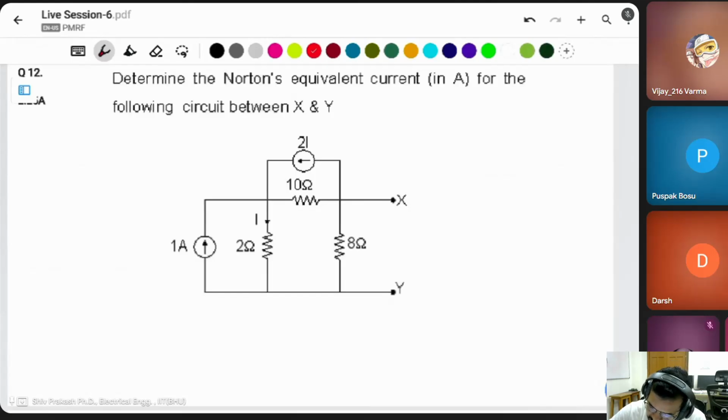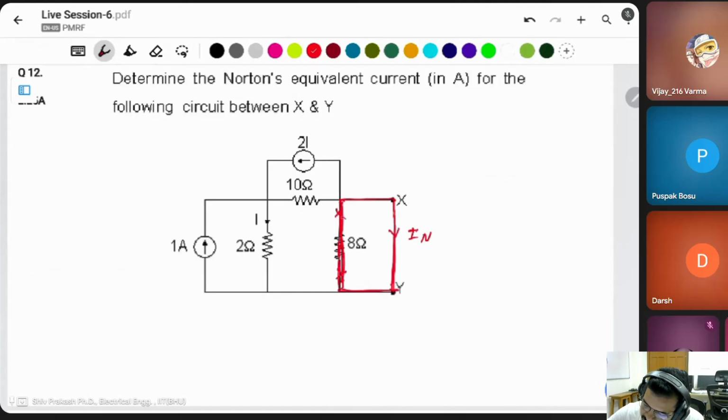Starting from here, minus of 12 plus this is 2 ohm resistor, I plus 4. Then here minus of 6, because this is negative first, minus of 6 plus 1 ohm resistor, current flowing is I plus 1, is equal to 0. This is minus of 12 plus 2I plus 8 minus of 6 plus I plus 1 is equal to 0. 2I plus I is equal to 3I.